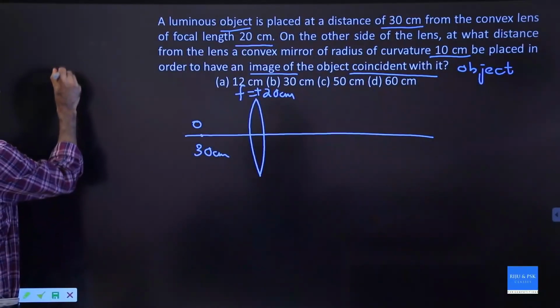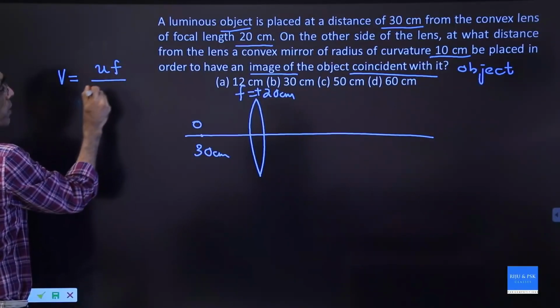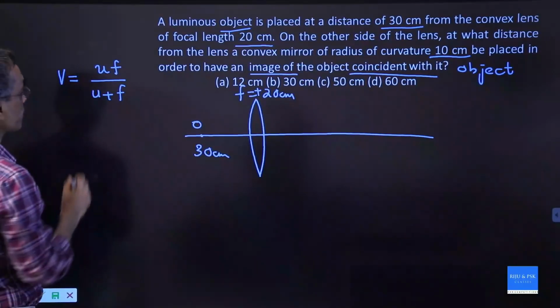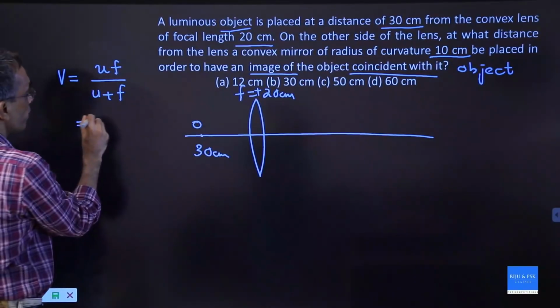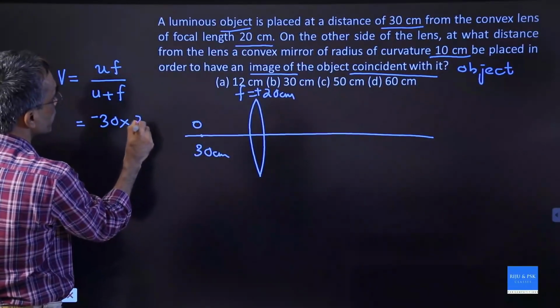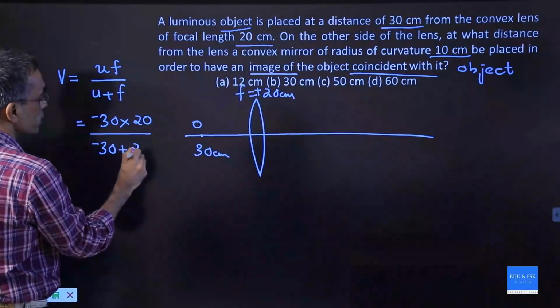Direct equation, V, the image distance, is given by UF by U plus F with Cartesian sign convention. So what is the value of U? Minus 30. The value of F is 20, divided by minus 30 plus 20.